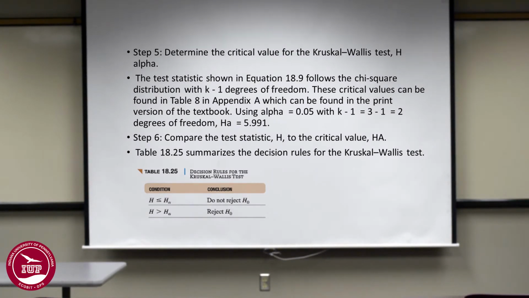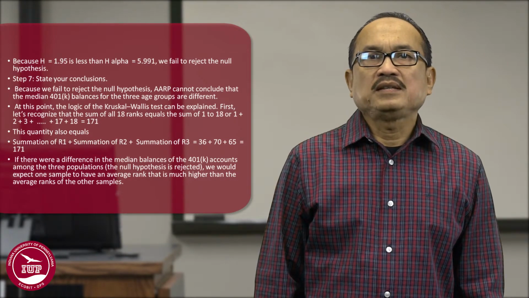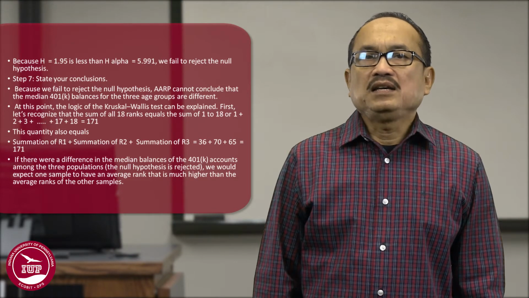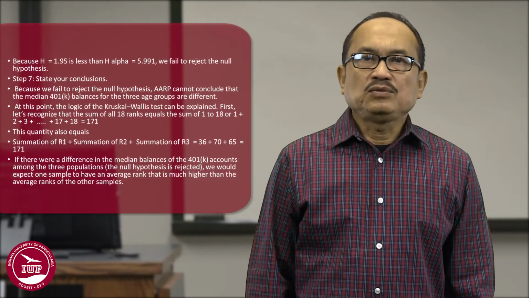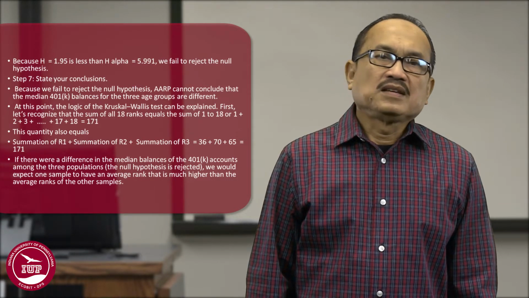Step 6. Compare the test statistic H to the critical value H alpha. Table 18.25 summarizes the decision rules for the Kruskal-Wallis test. Because H is less than H alpha equal to 5.991, we fail to reject the null hypothesis. Step 7.